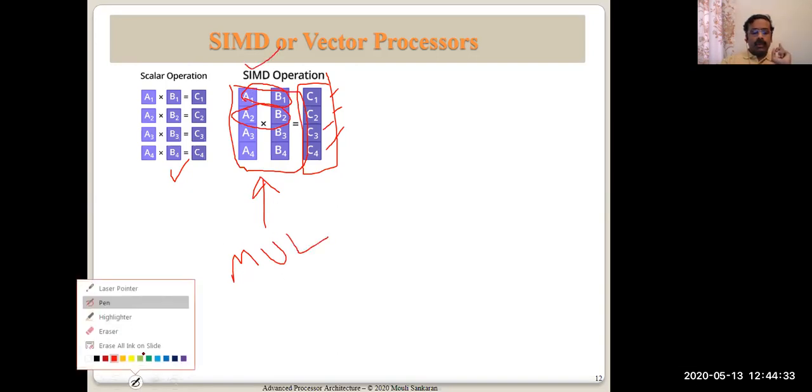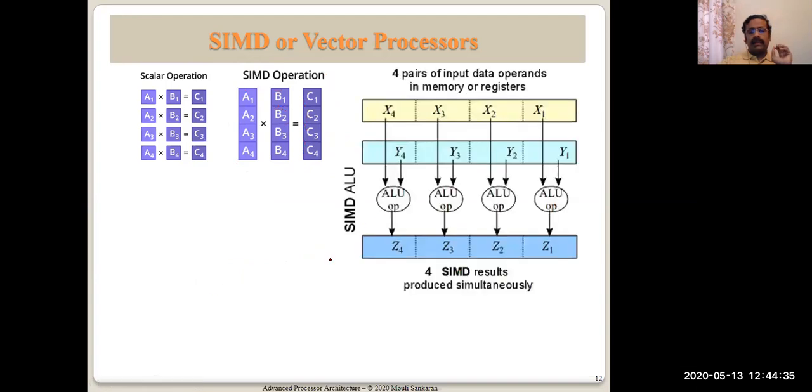Okay, so this is how it is implemented. If you want to store vector data, you should have a register set like this. These registers are physically there, and they store different vector elements, and 4 ALUs are physically there. All of them operate on different sets of data and give the result back.